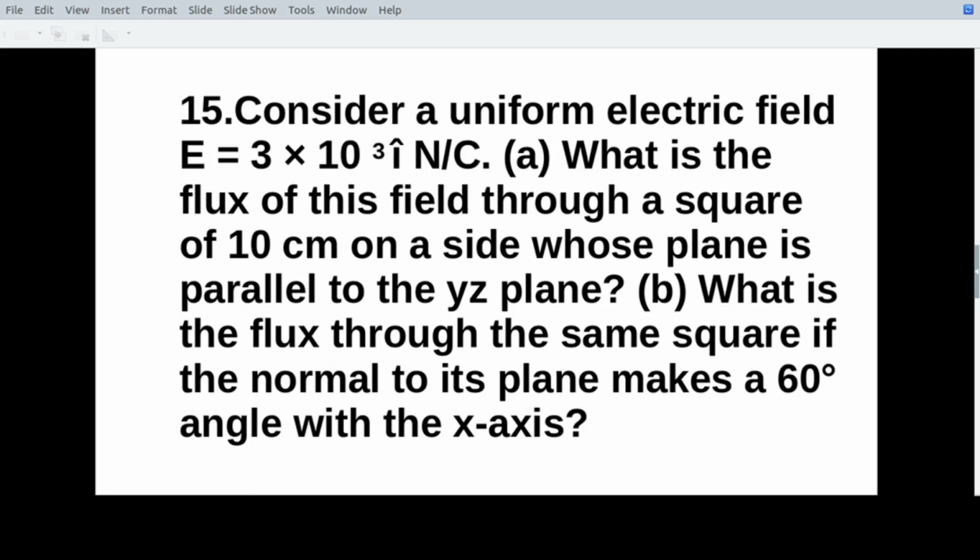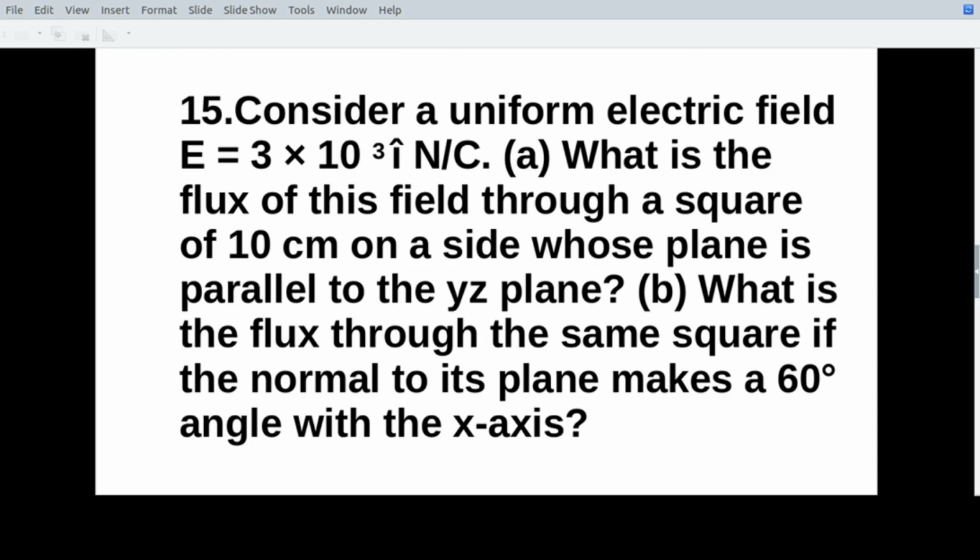Now question number 15. Consider a uniform electric field E equal to 3 into 10 raised to 3 i cap Newton per Coulomb. What is the flux of this field through a square of 10 centimeter on a side whose plane is parallel to the YZ plane?